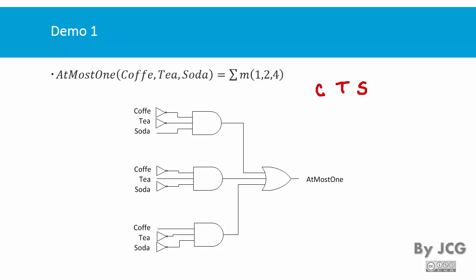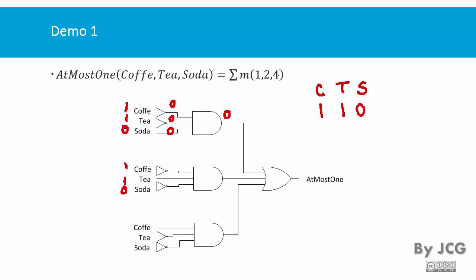For example, what happens if the customer pushes coffee and tea, but no soda? If we put those variables, we will see that if we put a 1 here and 0 here, since this is inverted, it's going to be 0 here, then 0 here, and then 0 here. So it's 0 in an AND, it gives us 0 here. If we go to the next, we have 1 here, and 0.